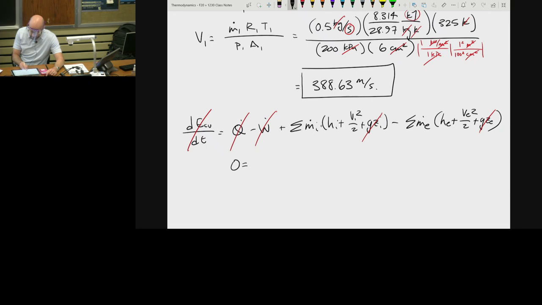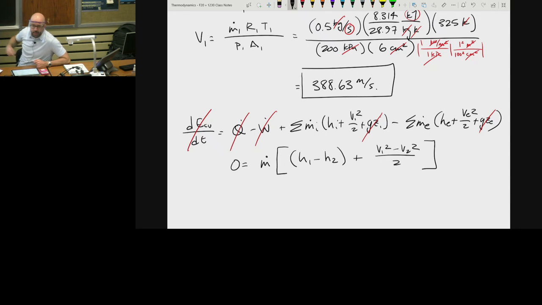0 is equal to, and I also know my mass flow rate in is equal to my mass flow rate out. I haven't officially done a continuity equation, but I know I can do it in my head. dm, the change in mass of the control volume, is equal to 0. Summation of the mass coming in has to be the summation of the mass going out, and there's only one inlet and exit. So I can write this as m dot times h1 minus h2 plus v1 squared minus v2 squared all over 2.